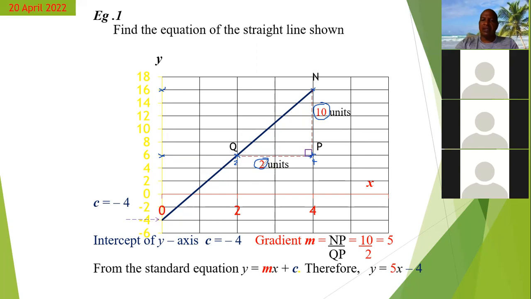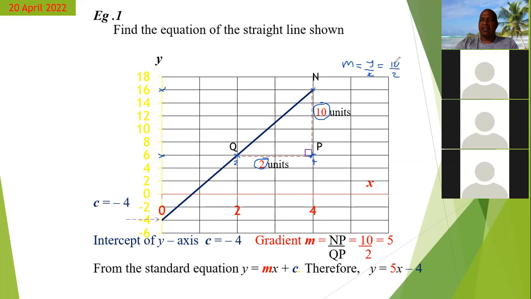So now what we need is to calculate the gradient. Remember the gradient equation is m equal to the y value over the x value. So this would simply mean we're going to put 10 over 2. These are the values that we calculated.